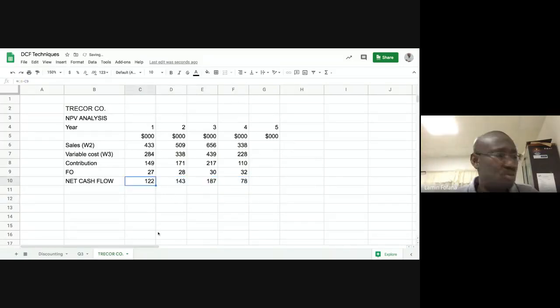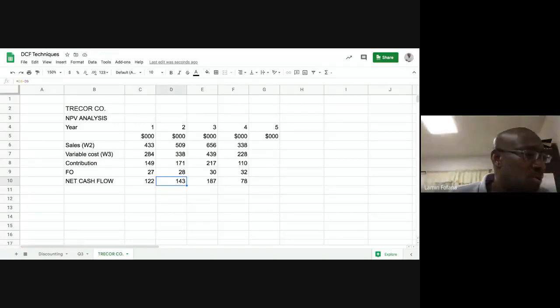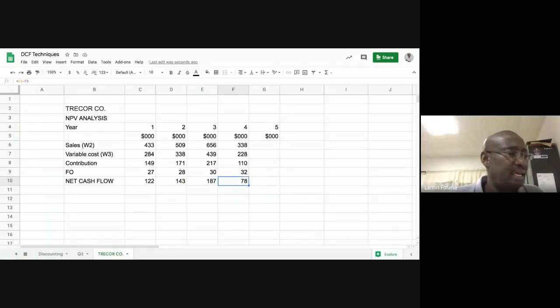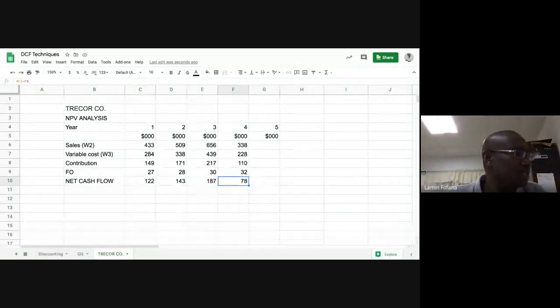So that would be 122, 143, 187, and 78. Okay, so that's what we have as our net cash flow.